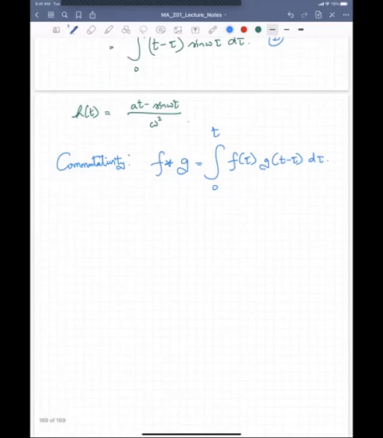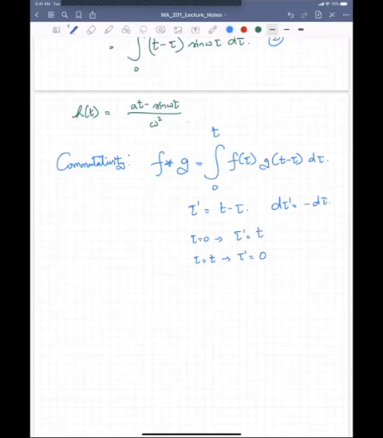But on the right hand side, I can always make a change of variables. I can choose a new tau prime, which is t minus tau, which tells me that d tau prime would be minus d tau. And when tau is 0, tau prime is t, and when tau is t, tau prime is 0.